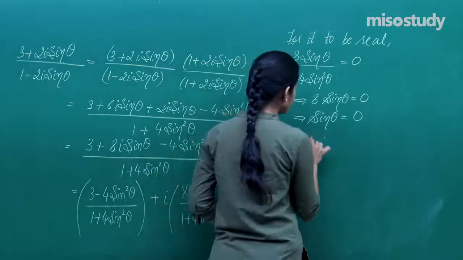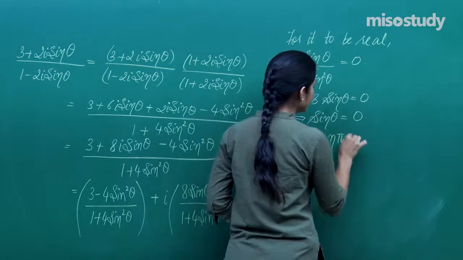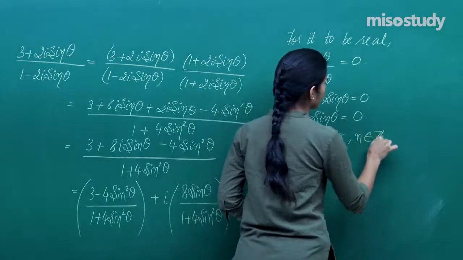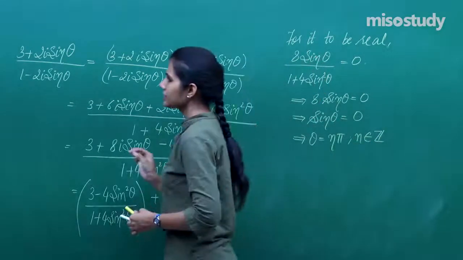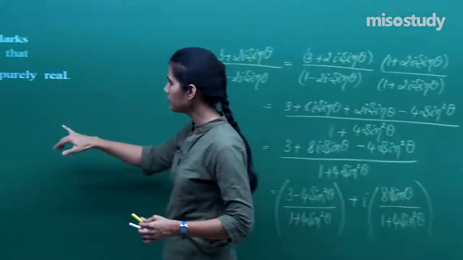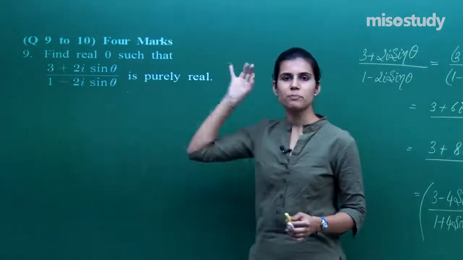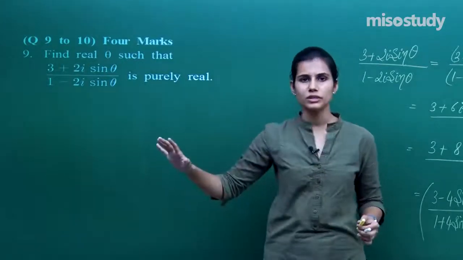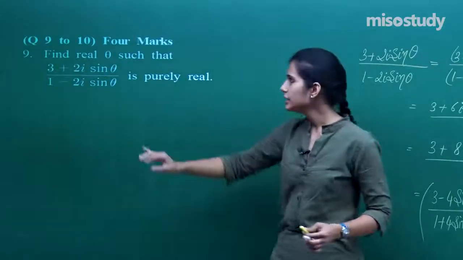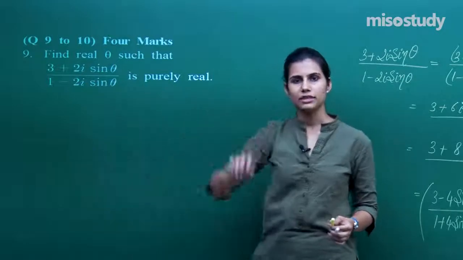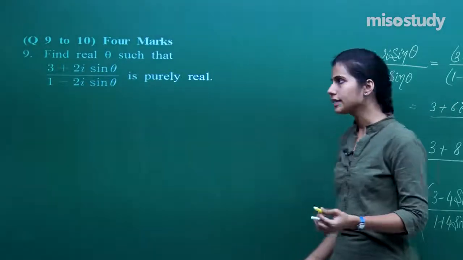So that means theta has to be equal to integral multiples of pi. The moment theta is an integral multiple of pi, this expression is going to result in a complex number which is purely real. Its imaginary part is going to be 0. That's it. That's the answer.